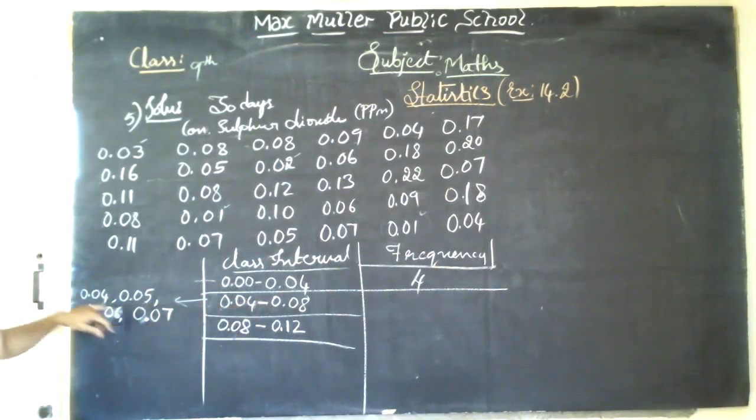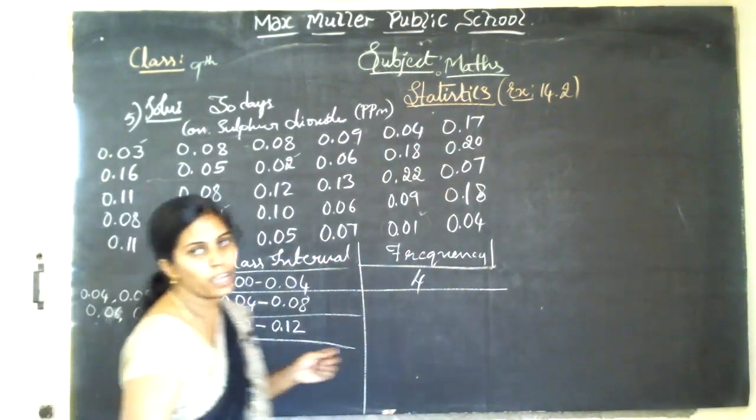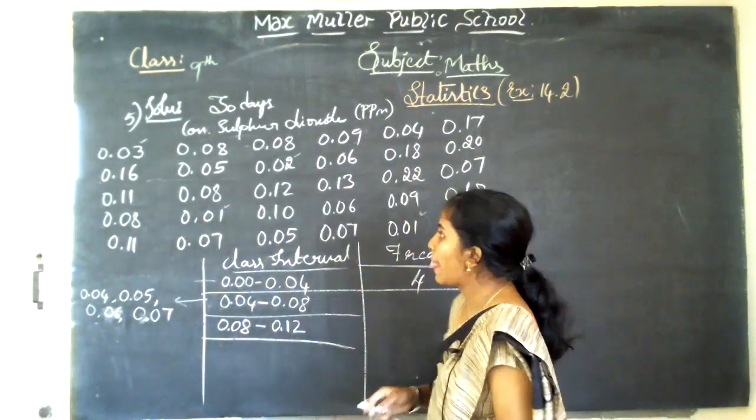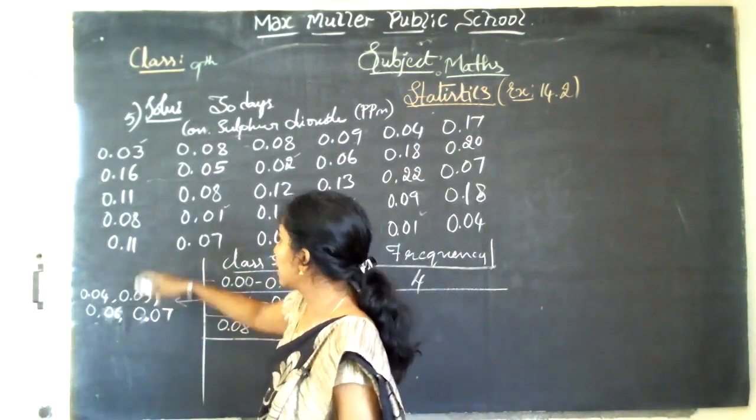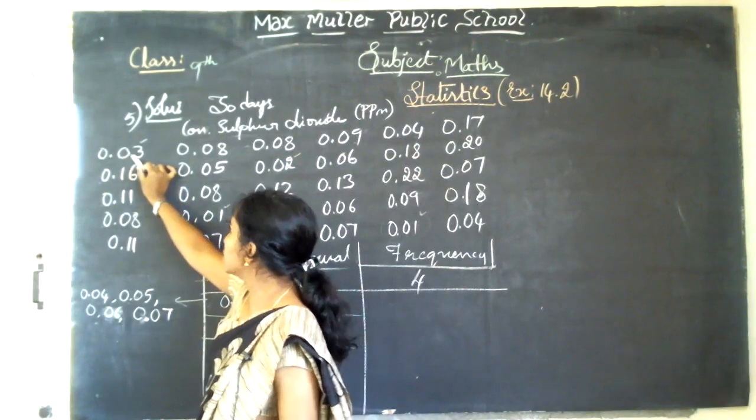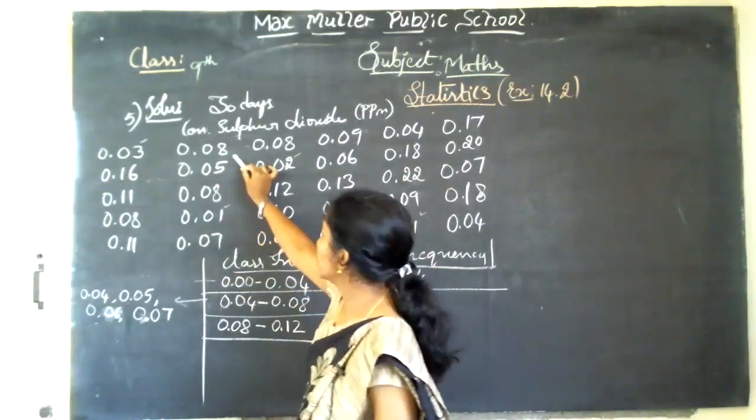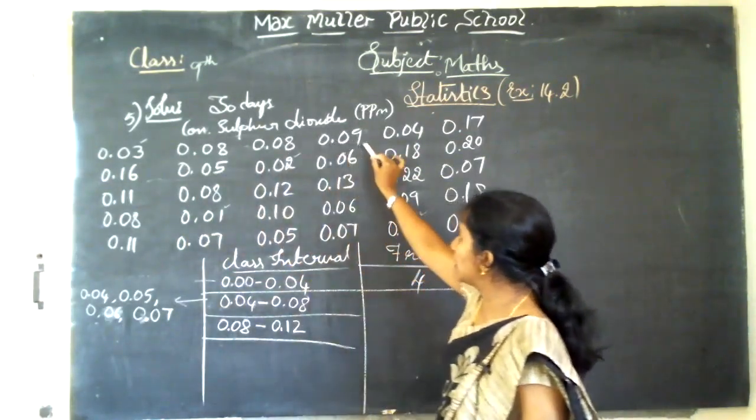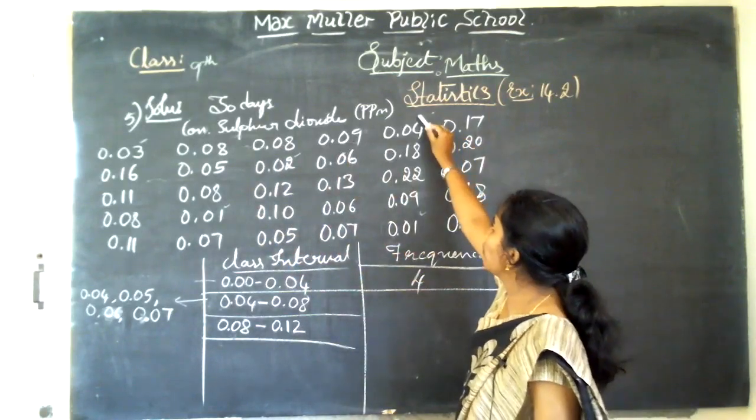Now you have to check for these numbers in the given data. Start row wise or column wise. Let me take row wise only. 0.04, 5, 6, 7. Search for 4, 5, 6, 7.